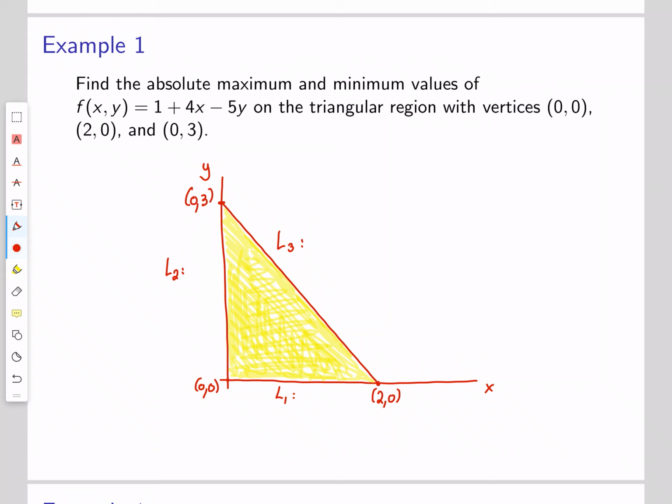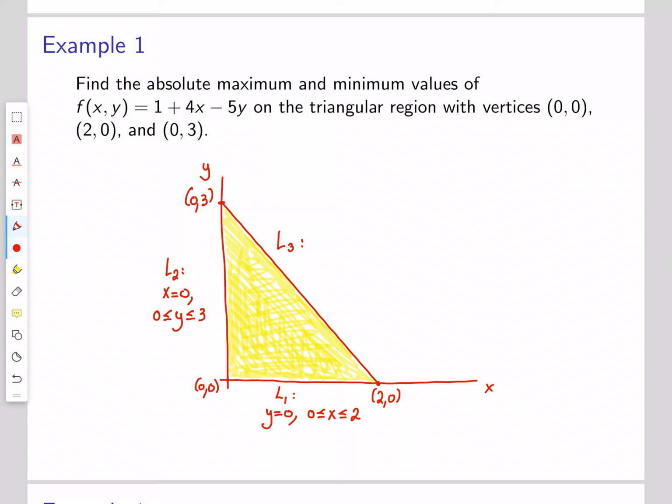On L1, for sure, y is equal to 0, and we're restricted in the values of x. They have to be between 0 and 2. Similarly, on L2, we know for sure that x is equal to 0, and y lies between 0 and 3.